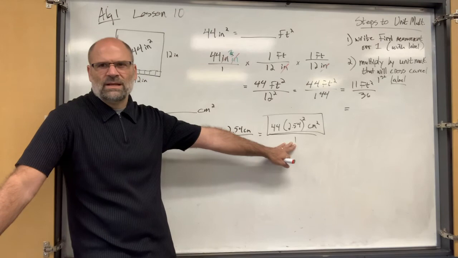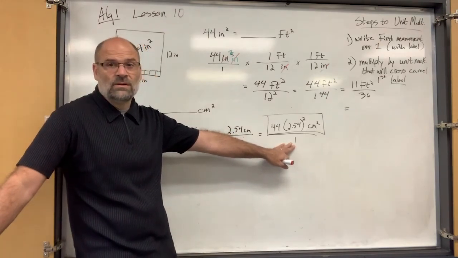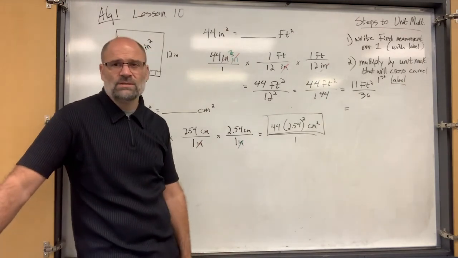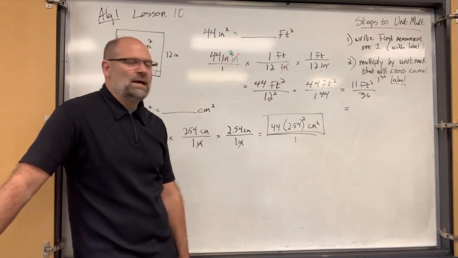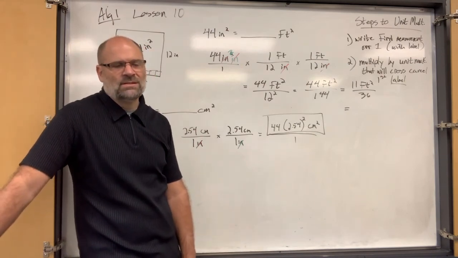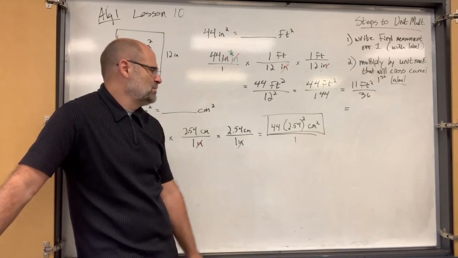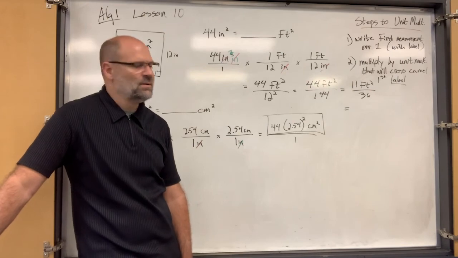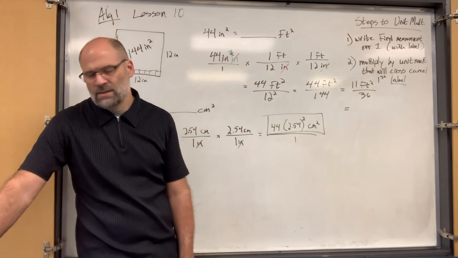If you wanted to give me an actual answer, and you were legitimately wanting to know how many square centimeters 44 square inches was, you were doing some kind of project or something, then yeah, give me as exact an answer as you can. But this is how they're going to leave their answers, which is kind of weird, but less work for you. Okay? Does that feel all right?